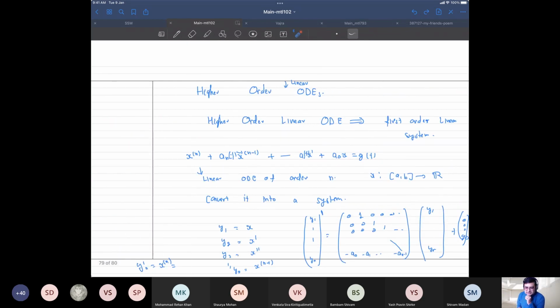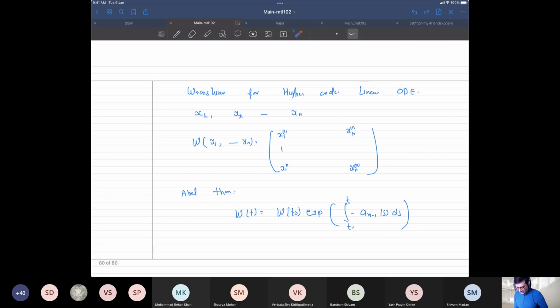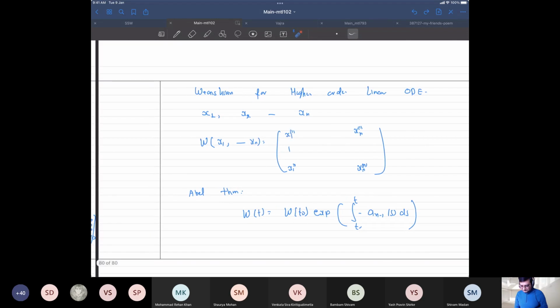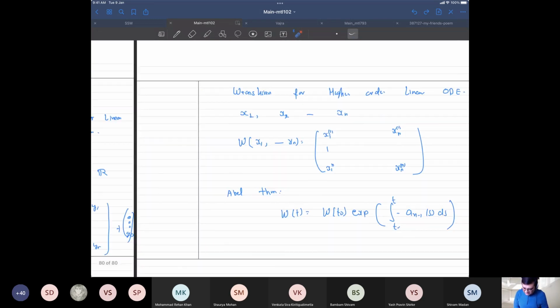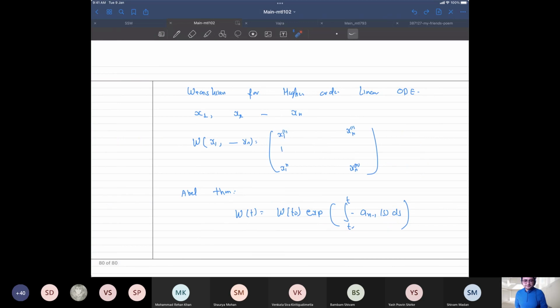No other thing has any contribution. So you can see that again the Wronskian will be either 0 everywhere or nowhere 0 if they are solutions. In general, the Wronskian can be 0 or not 0 at some other points if we are talking about general functions, but because they are solutions, Abel's theorem holds.